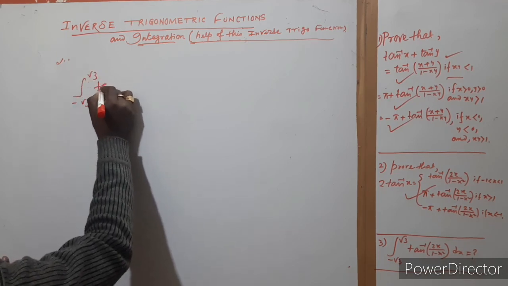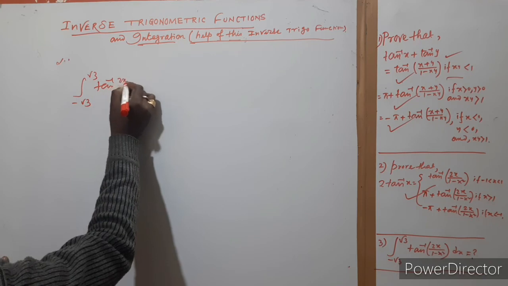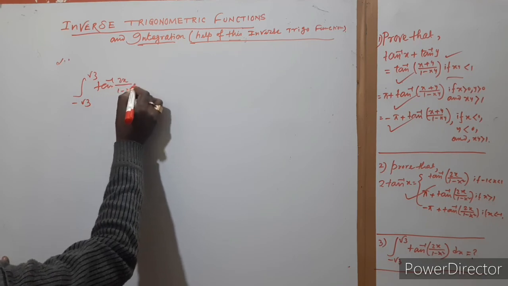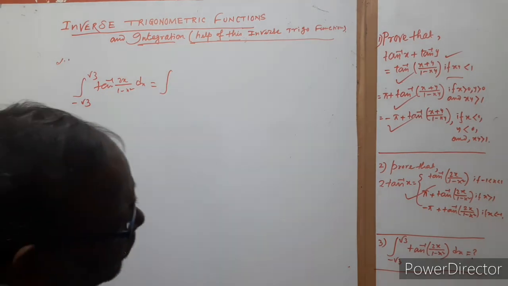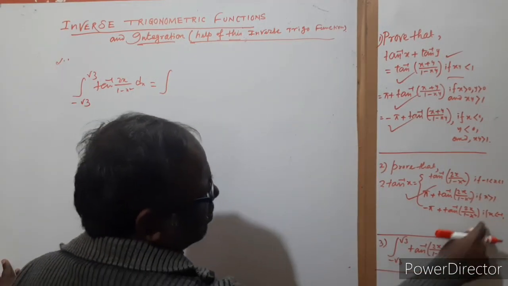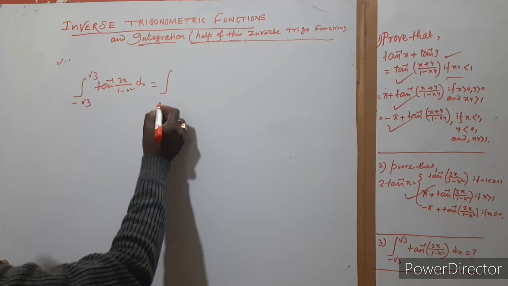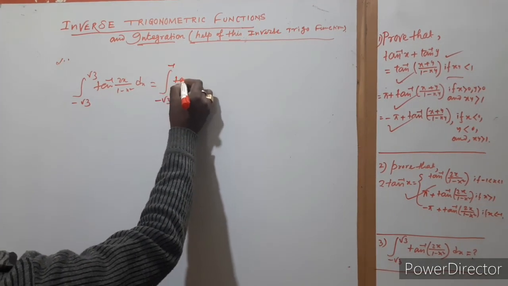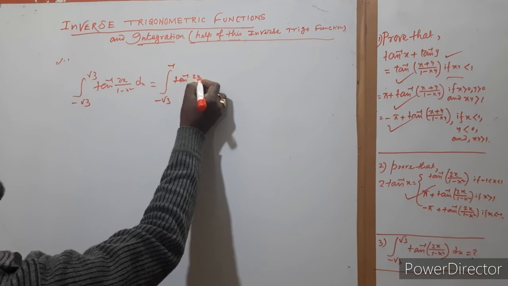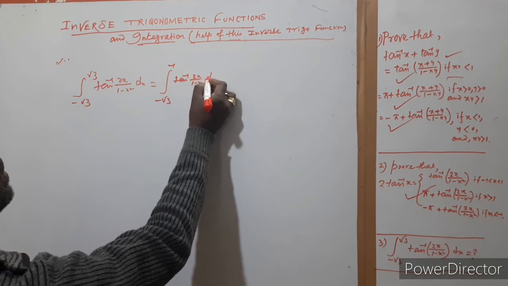So this is tan inverse 2x by 1 minus x square dx. So under this case, this is less than minus 1, so you can take here root 3 to minus 1 and write here tan inverse 2x by 1 minus x square dx.